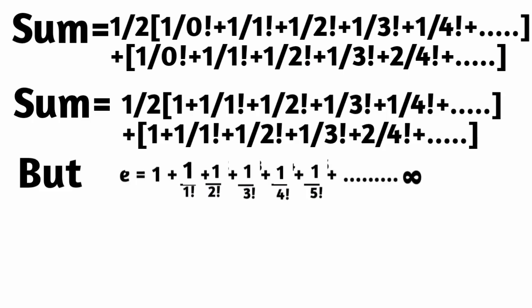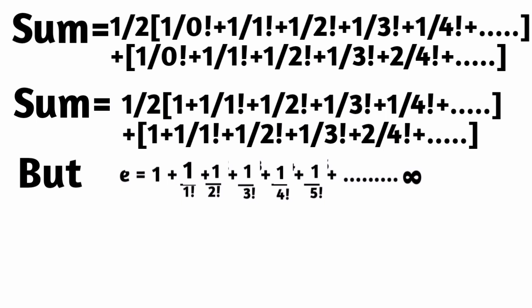But 1 divided by factorial 0 can be written as 1. And this common bracket, as we can see in the video, is equivalent to the exponential e.